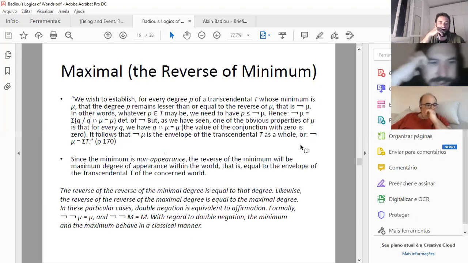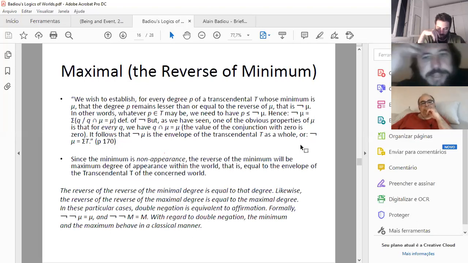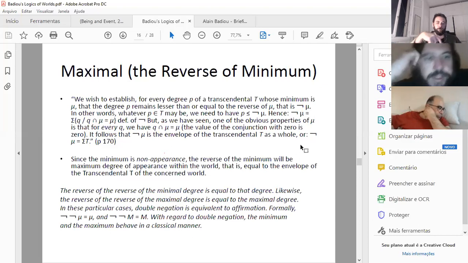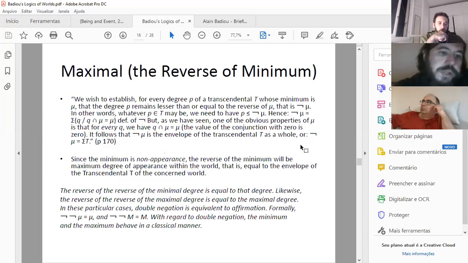Let's go. So we wish to establish for every degree P of the transcendental T whose minimum is mu, that the degree P remains lesser than or equal to the reverse of mu, that is non-mu. In other words, whatever P in the transcendental may be, we need to have a P that is lesser or equal than non-mu. Hence, non-mu is the envelope of a Q whose conjunction with mu equals mu, which is the definition of negation.